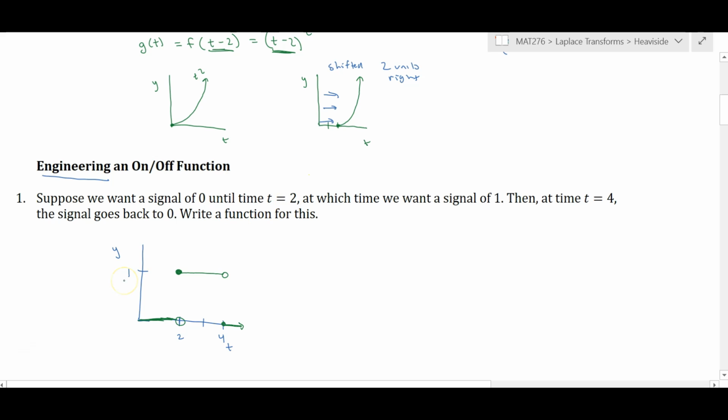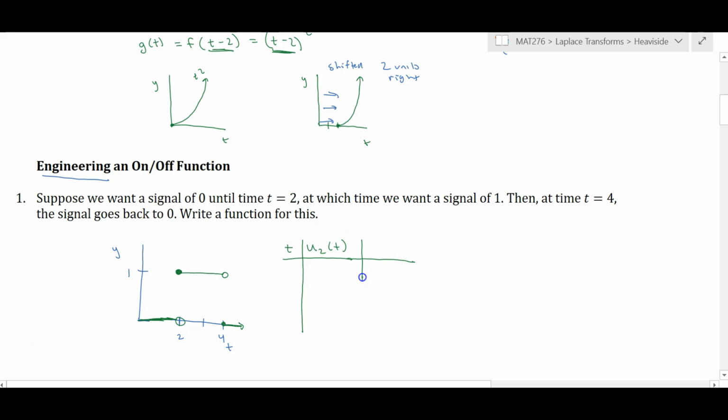Well, this is some combination of Heavisides. It can go perfectly from 0 to 1. Now, if we just did u sub 2 of t, I think what I'll go ahead and do is create a little t-chart here to look at the value of time and the output of that function.